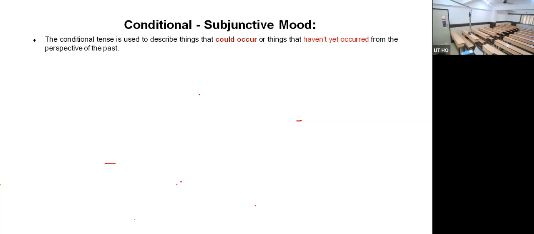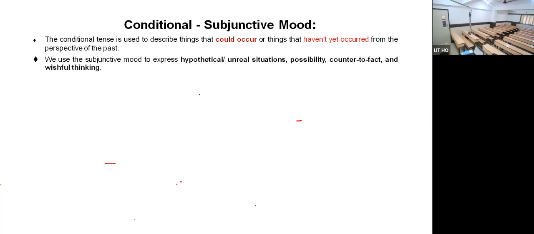Unreal, something which shows possibility or may happen, or counter to fact, which is not true, but you can think about it. Or wishful thinking. So usually here we would have the would and the if coming in. It describes something that would happen if a condition has been met.